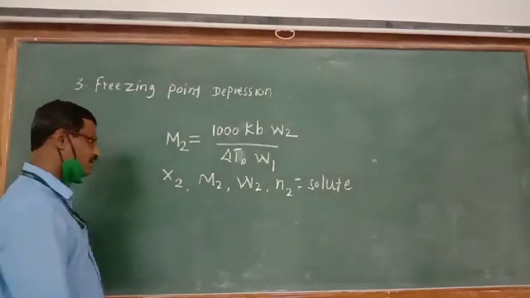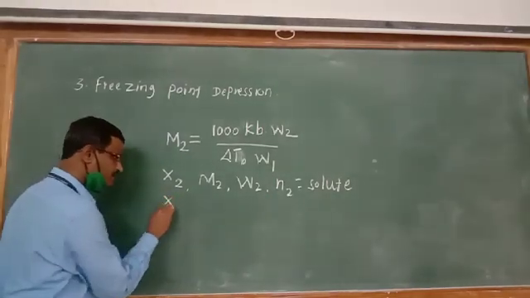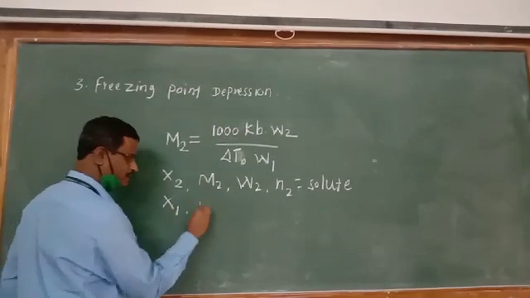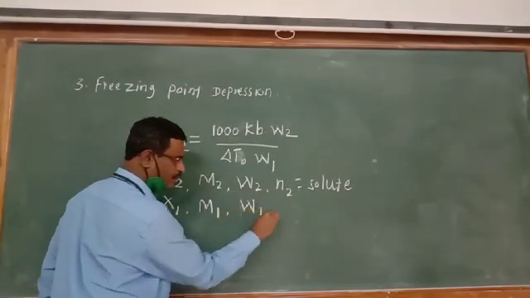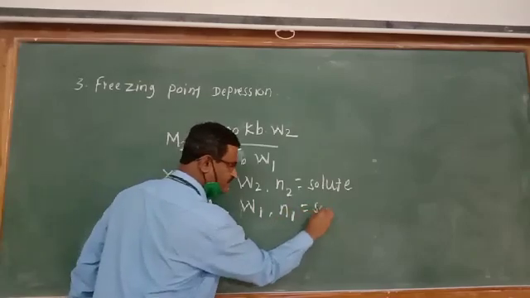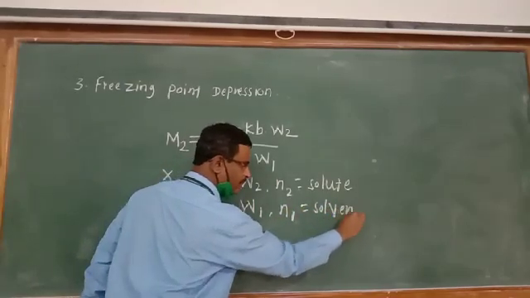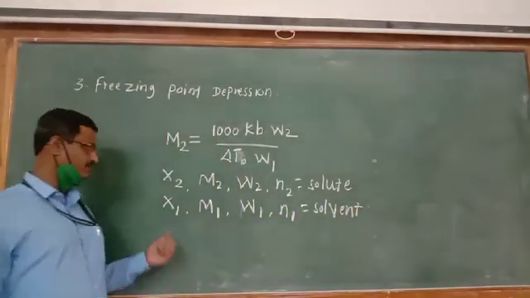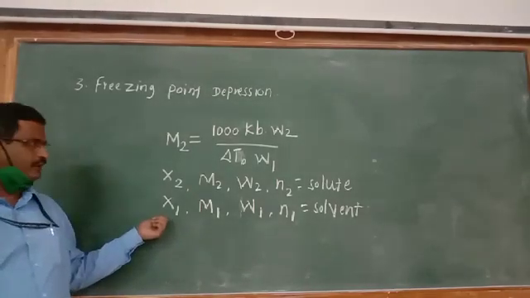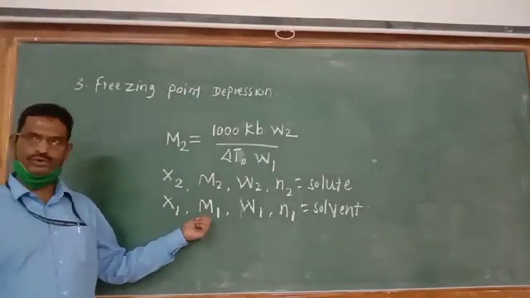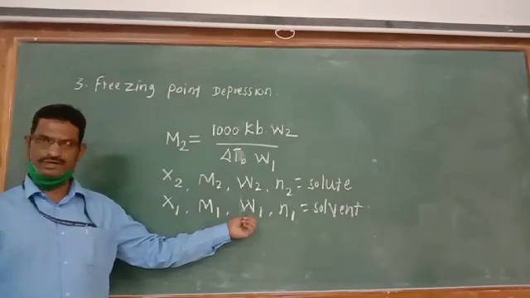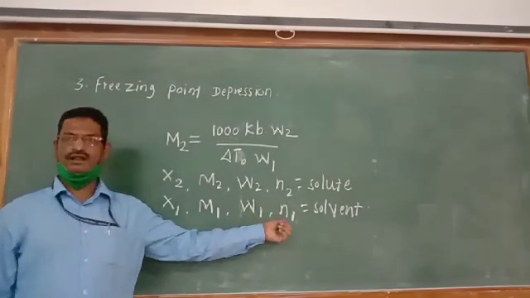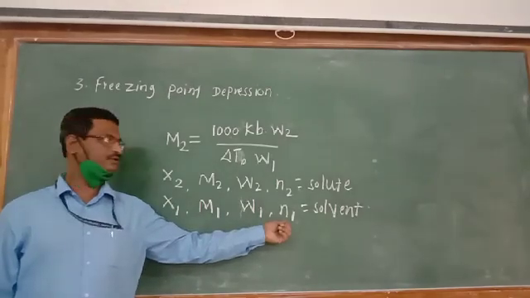On the other hand, for a solvent, the terms used are with subscript 1, that is X1, M1, W1 and N1, where X1 is mole fraction of solvent, M1 is molar mass of solvent, W1 is mass of solvent, N1 is number of moles of the solvent.